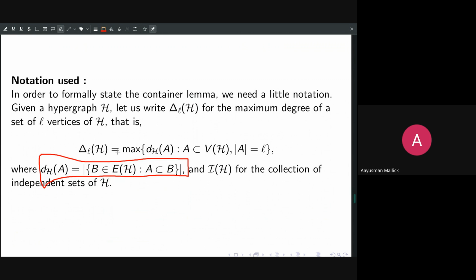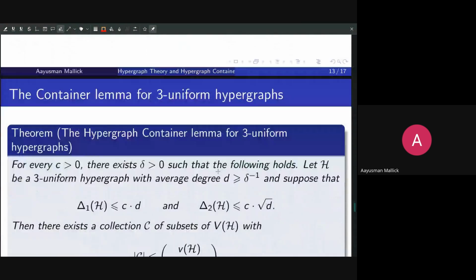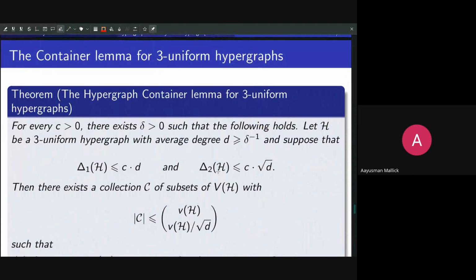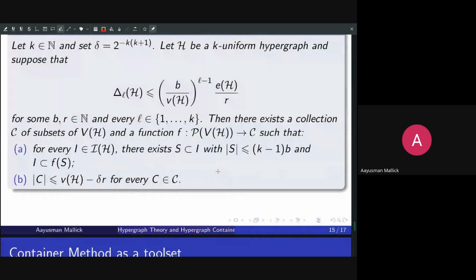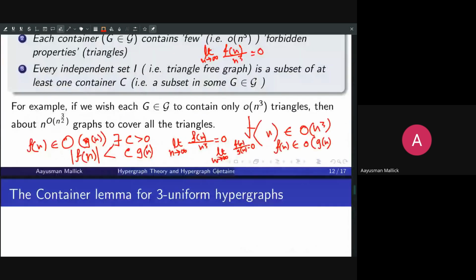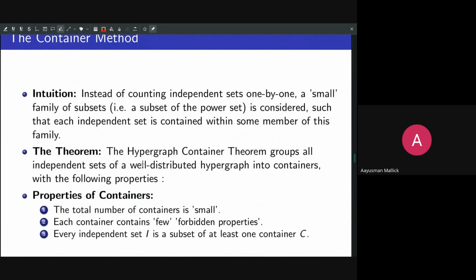That is nothing but the maximum possible degree of a set of L vertices from that hypergraph, and I(H) denotes the collection of independent sets of H. The general statement of this container lemma is vague, so I won't take much more time, but I will just go over the use of this method, whose intuition is as follows.